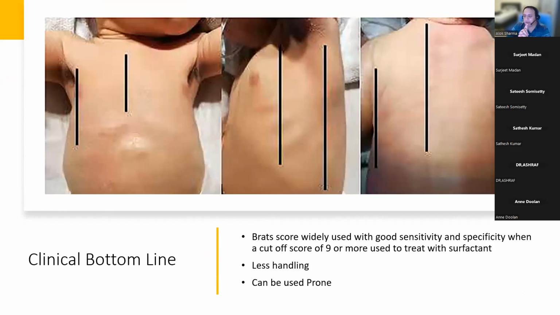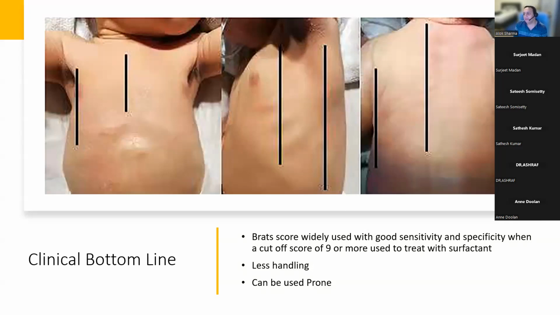There is a very big difference between a steroided 26-week girl who has no risk factors for sepsis versus an unsteroided 26-week boy who may have risk factors. And if you're using a single number like Brat's scoring with anterolateral scanning in isolation to make your interpretation of whether you give surfactant or not, I think that's as dangerous as using FiO2.